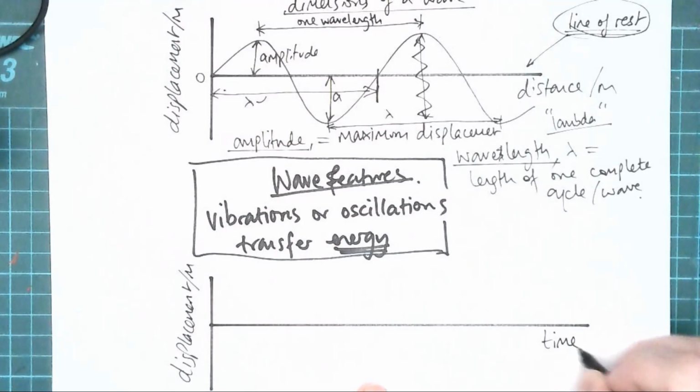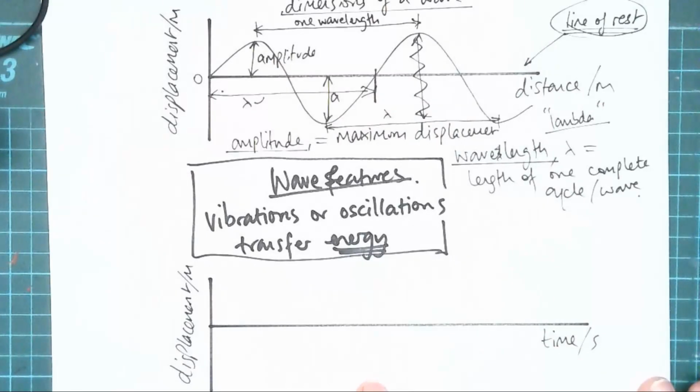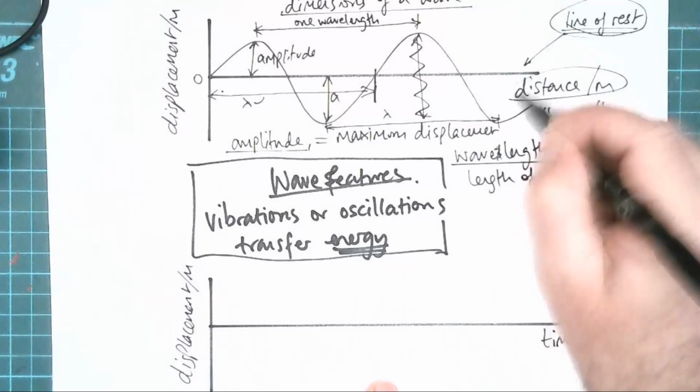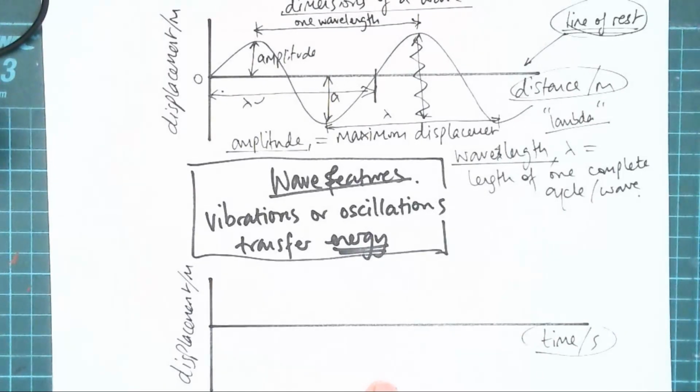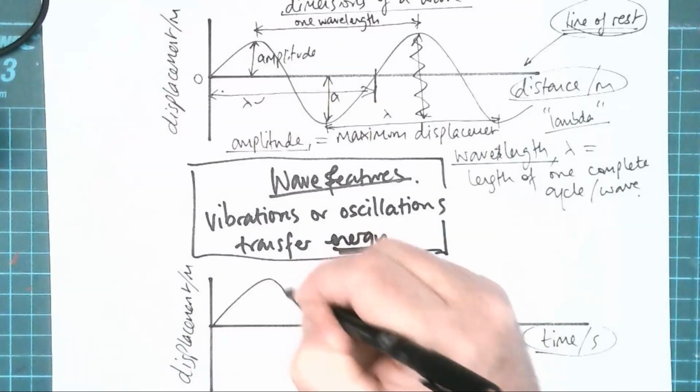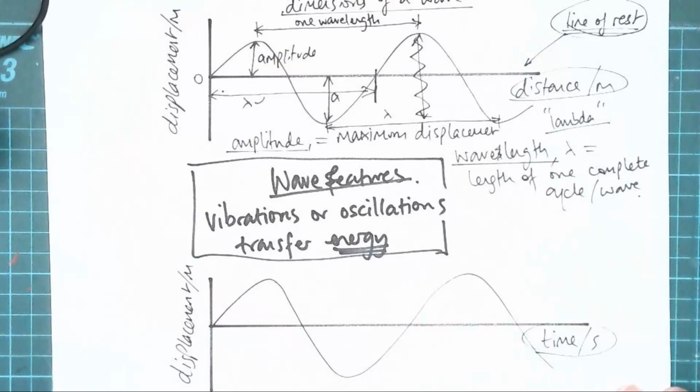It'll be either in seconds or milliseconds, microseconds. Be careful. All right. But it's important to read the labels on the graph that you're dealing with, okay, so you know what you're talking about. If I draw another wave on here, this time I'm not going to get wavelength when I measure from peak to peak, but I will get the time it takes for one complete wave to pass a point.